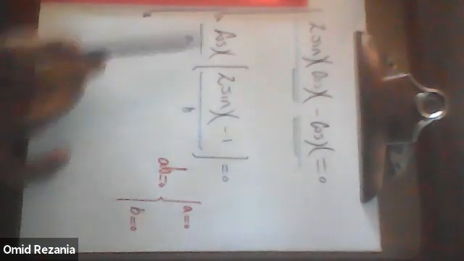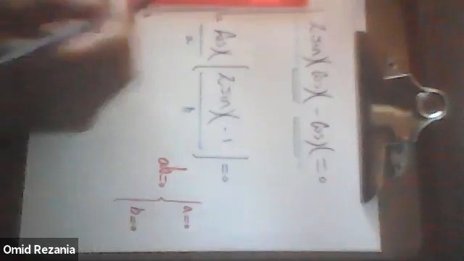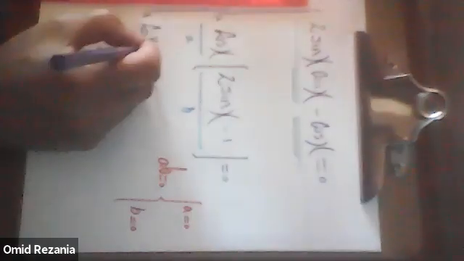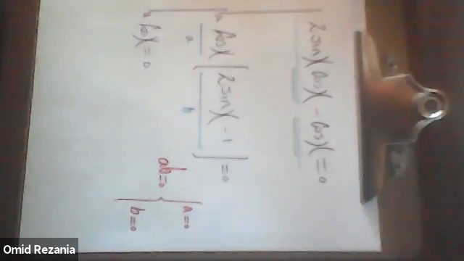Once I take cosine x goes to 0. The other time I take 2 sine x minus 1 goes to 0. Then I take cosine x becomes 0 as the first step. It becomes solution part 1.